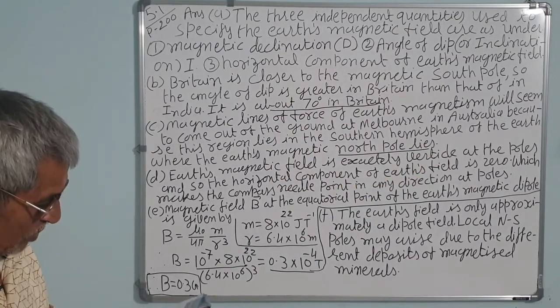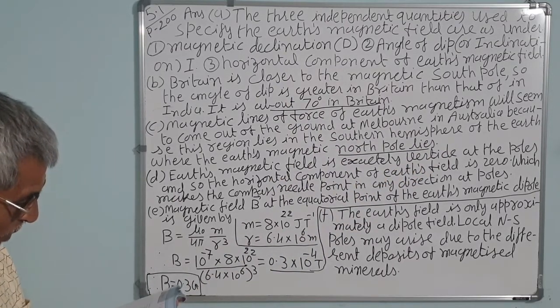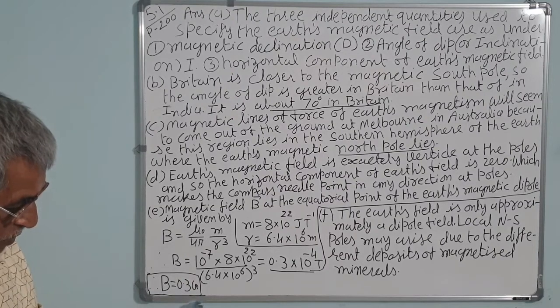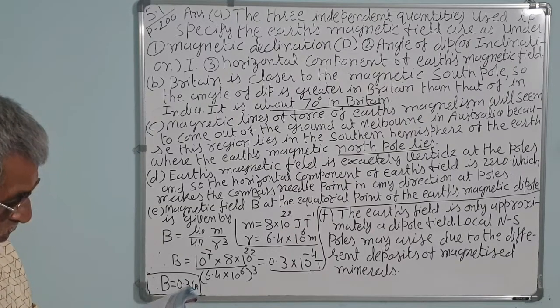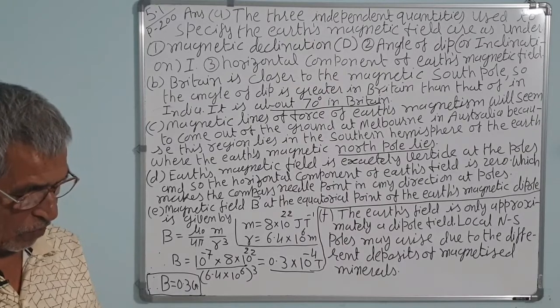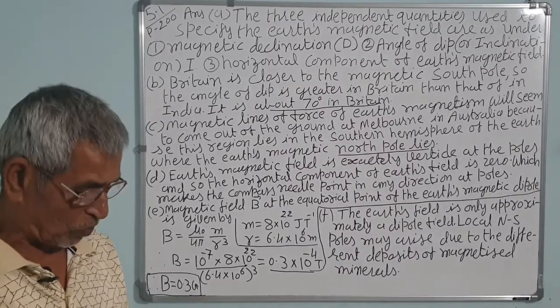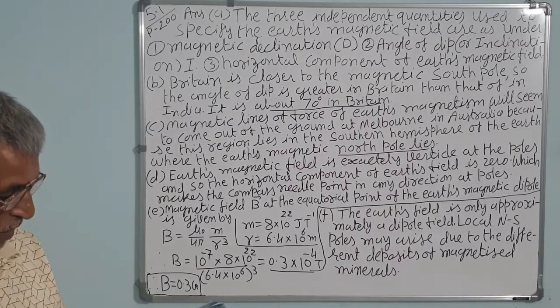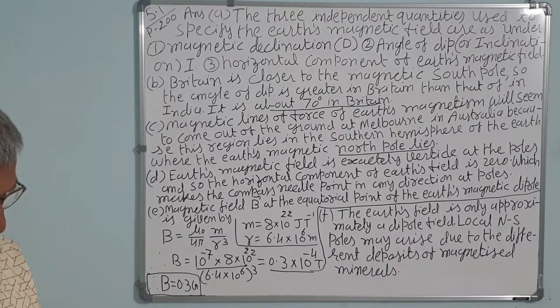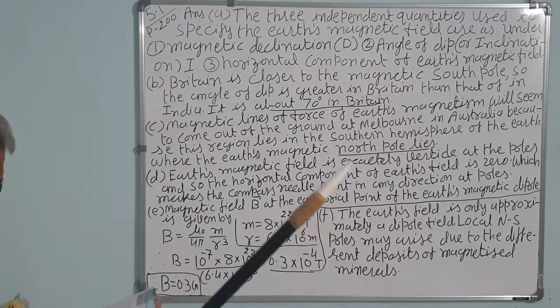Correct? E, second last. The earth's field B is claimed to be roughly approximated by the field due to a dipole of magnetic moment 8 into 10 raised to power 22 joules per Tesla located at its center. Check the order of magnitude of the number in some way.